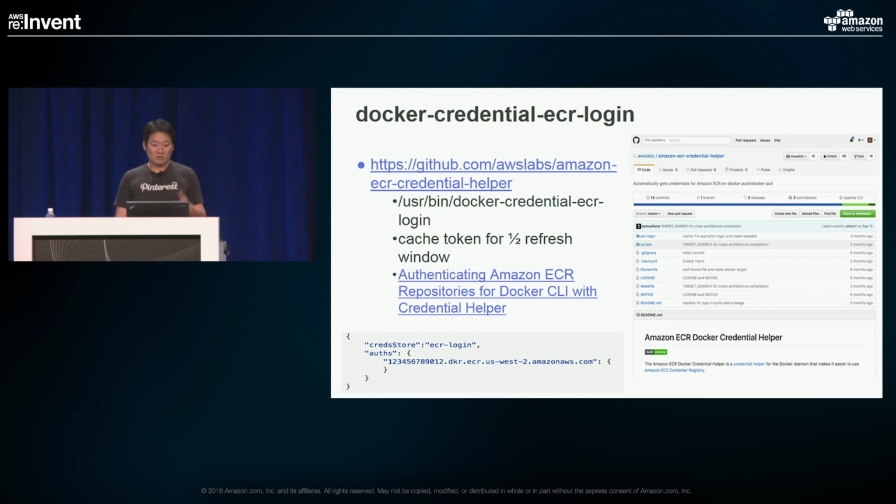The tool is written in Golang and builds a very tiny binary. If you drop the tiny binary into the user bin folder and configure the docker config.json file to use it, then it will work like a charm. It also caches the token, so it won't invoke too many requests to ECR.